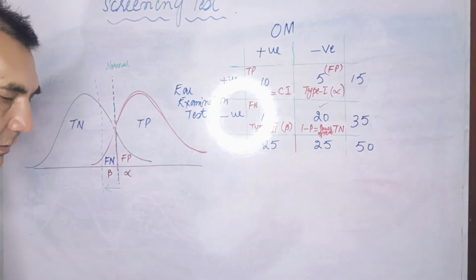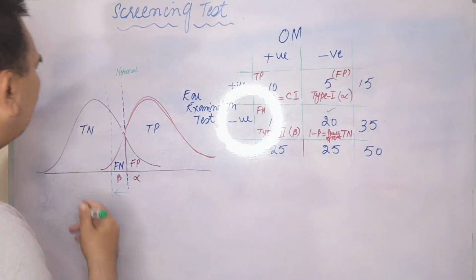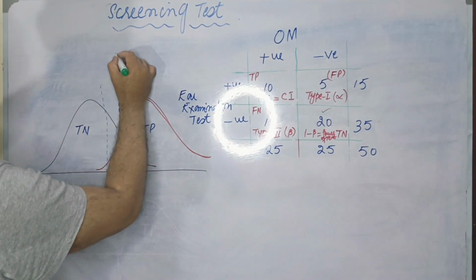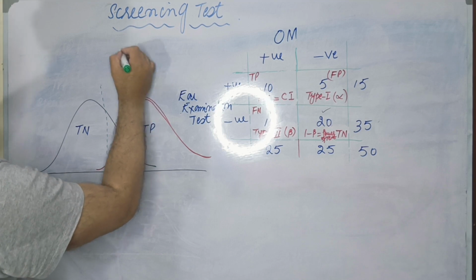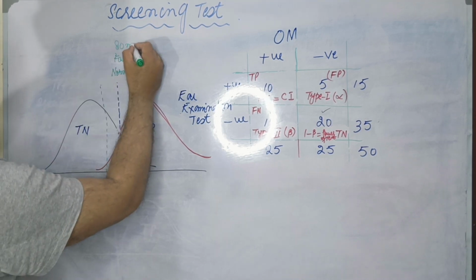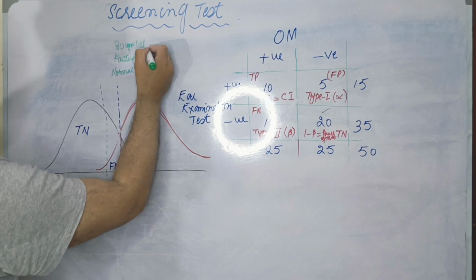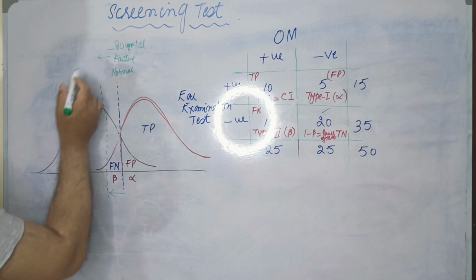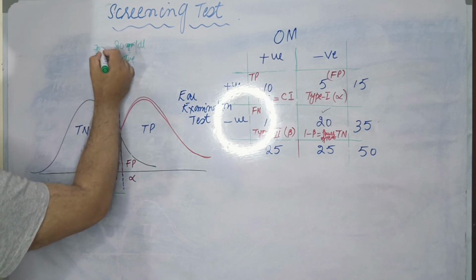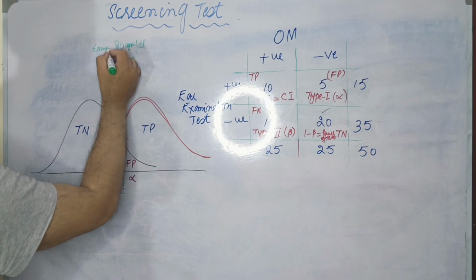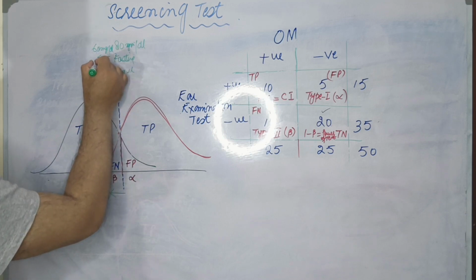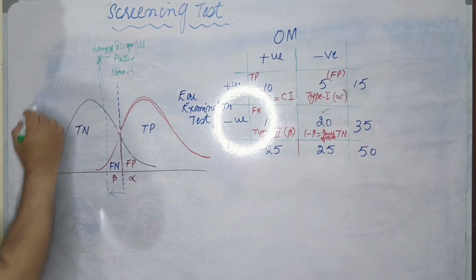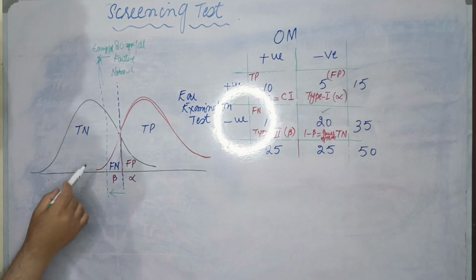Suppose I take a random sugar test, a fasting sugar, and the fasting sugar is 80 milligram per deciliter. If I decrease the cutoff value from 80 to 60 milligram per deciliter, what will happen?